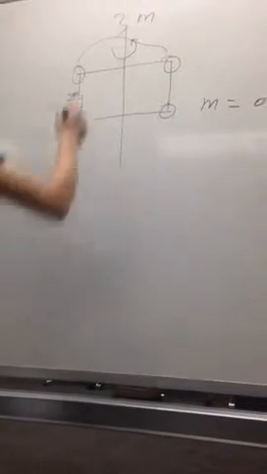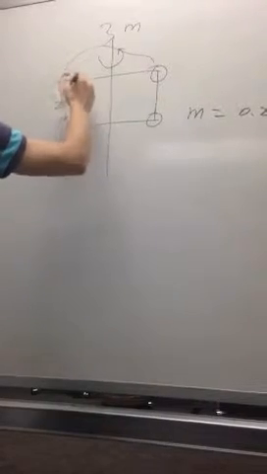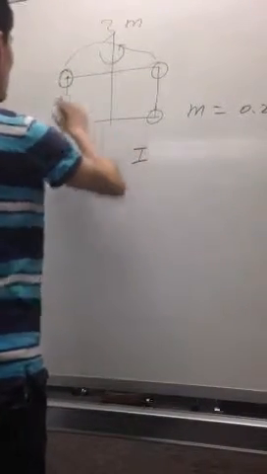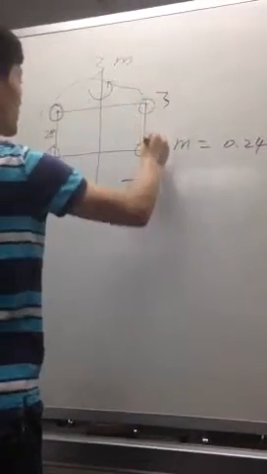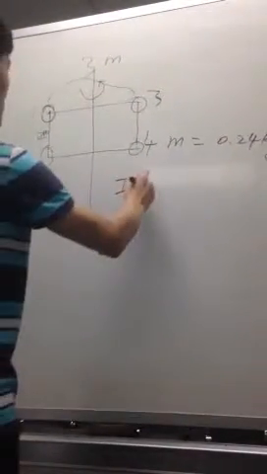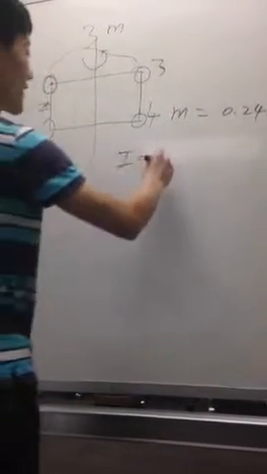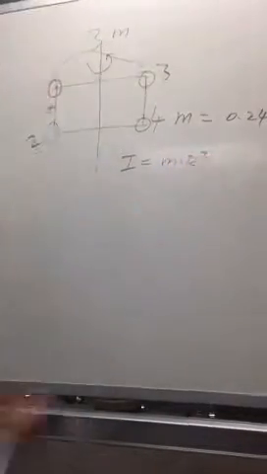Okay. For this one, 1, 2, 3. So wouldn't it be 4m times r squared? Wouldn't it be the moment of inertia? Yeah. So for each one will be m times r squared, right?